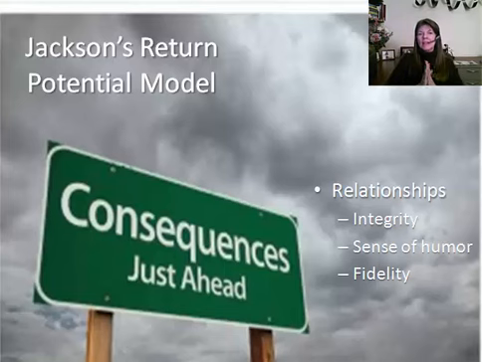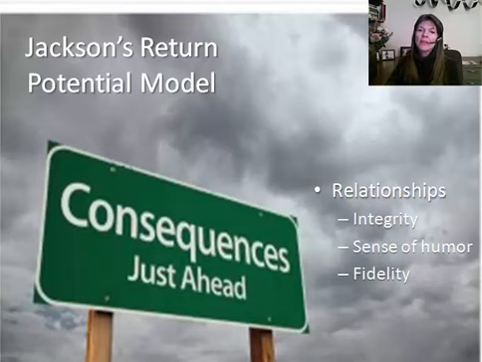Now, Jackson's classic return potential model, and I say classic, I'm talking 1960s, guys, reflects norms and values by showing the relationship between qualities or behaviors and the approval that you get in return within a culture, and showing this through correlational data.